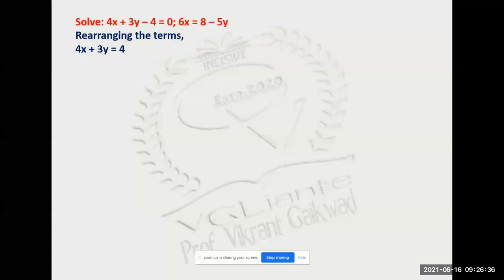Rearranging the terms, what we do is keep the variables on the same side and the constant on the other side, so it changes to plus 4. Now in the second equation, we are changing the position of minus 5.